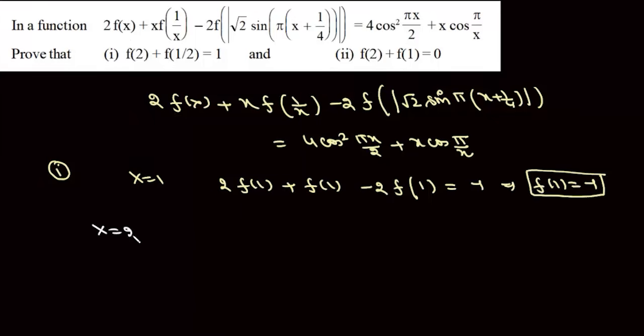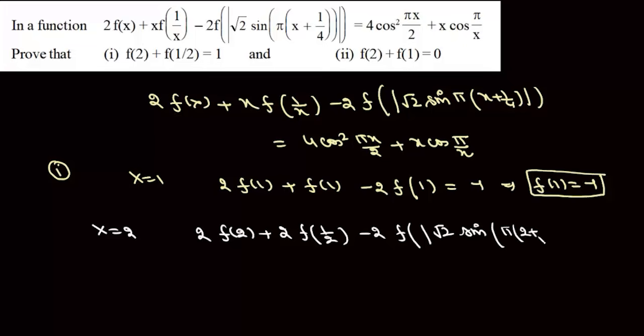So we'll put x as 2, we'll write 2f(2) + 2f(1/2) - 2f(√2 sin(π(2 + 1/4))), and it'll be equal to 4cos². Now πx/2 will be simply π, plus 2cos(π/2).